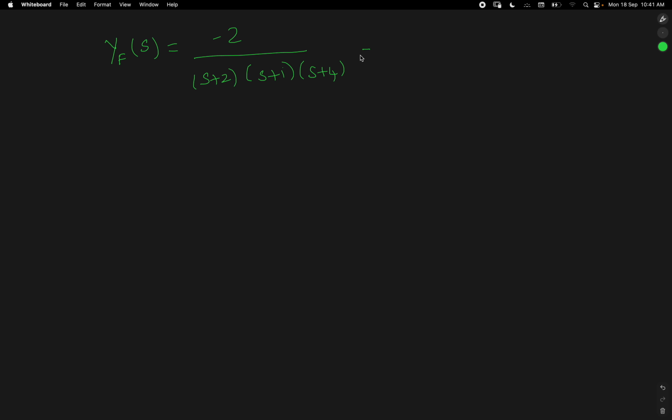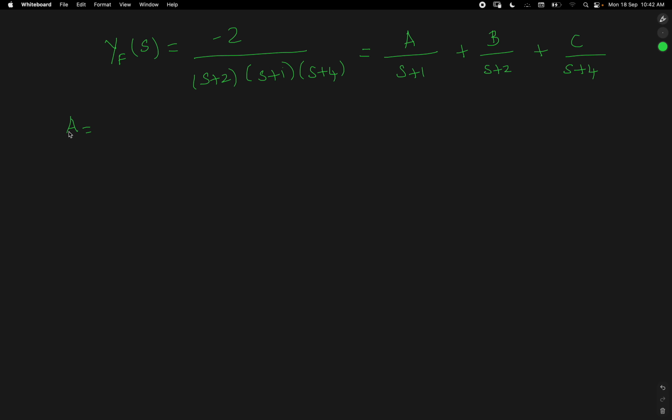So applying partial fractions to this, we can write it as A/(s + 1) + B/(s + 2) + C/(s + 4). We have to calculate the values of A, B and C as in the previous one. So I just use the same formula. I already calculated the values of A, B and C, and I am just directly applying them to reduce the time.